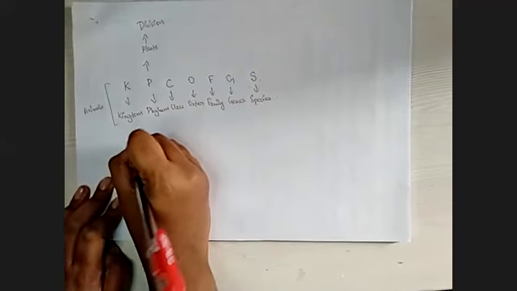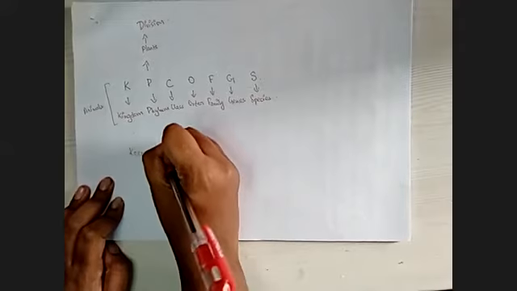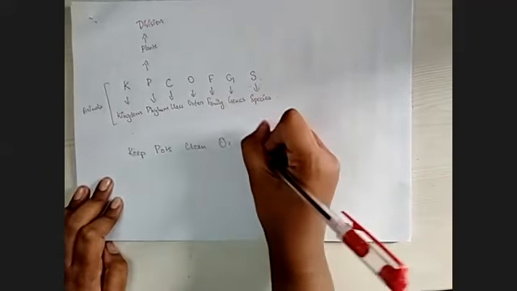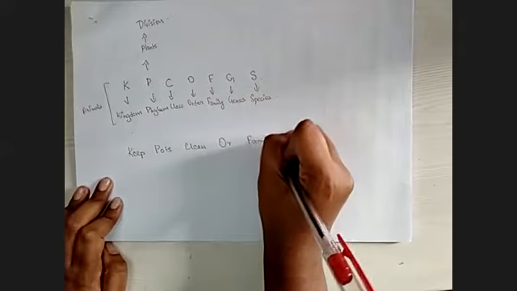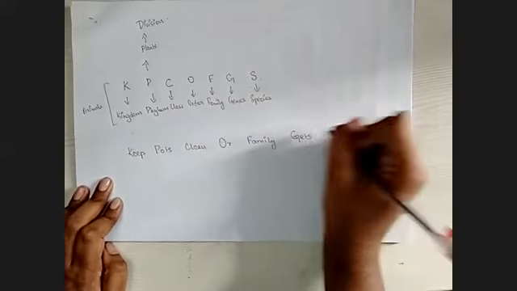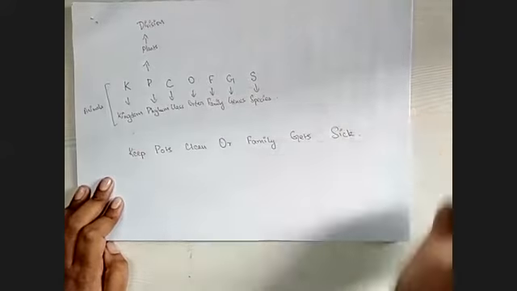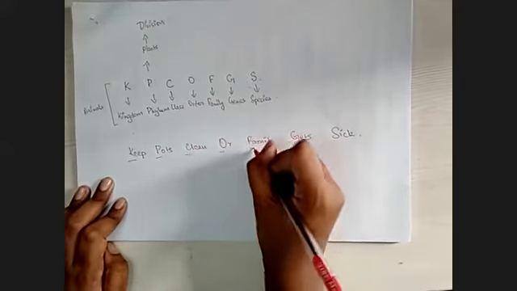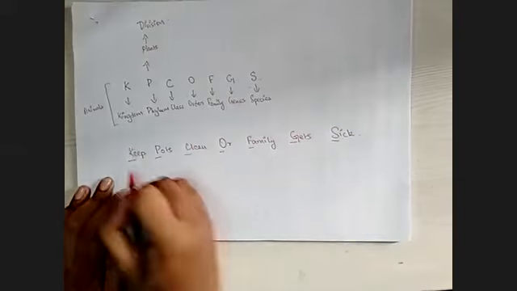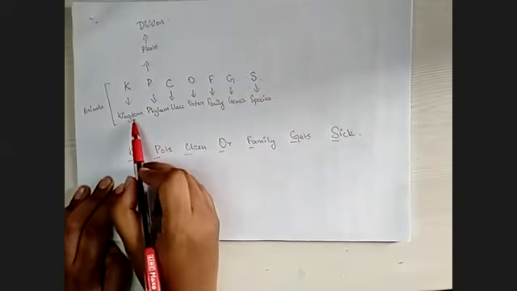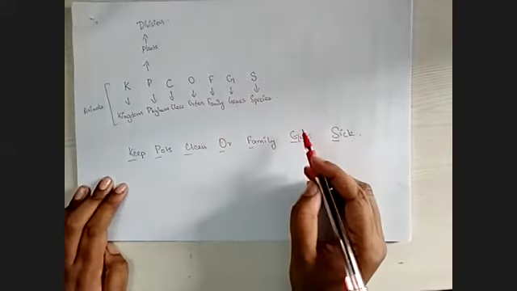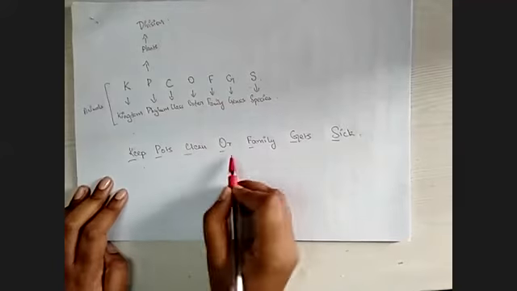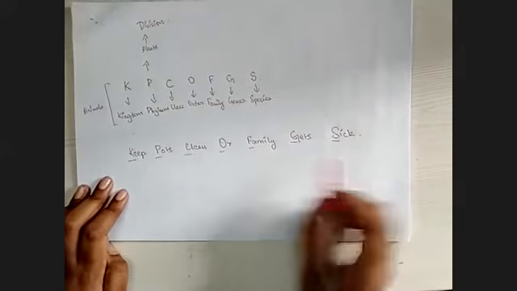So: Keep pots clean, or family gets sick. If you see the first alphabet in all of these, it will give you the same as this one. So keep pots clean or family gets sick.